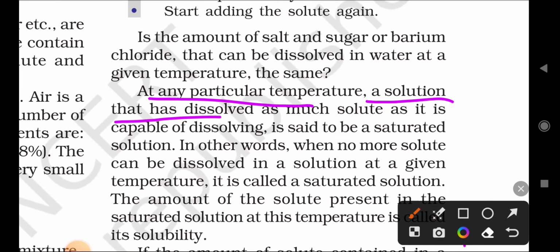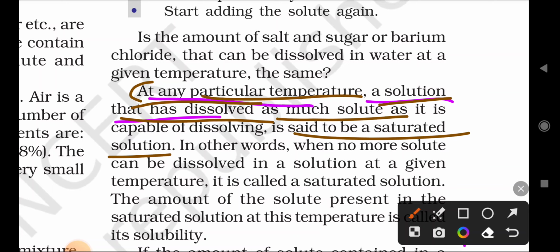At any particular temperature, a solution that dissolves as much solute as it is capable of dissolving is said to be a saturated solution. Means at any particular temperature, the solution dissolves solute particles up to its capacity, which is called a saturated solution.